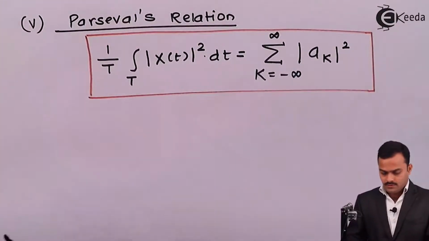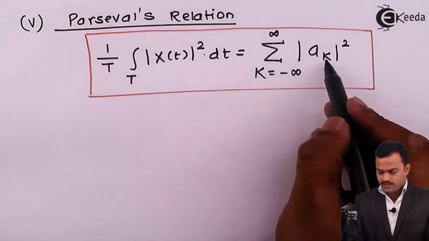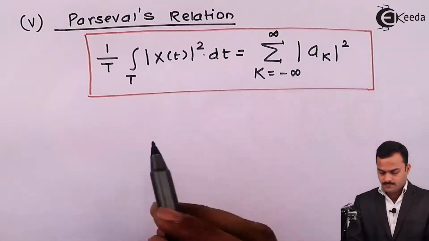Now we know over here a_k is the Fourier series coefficient.